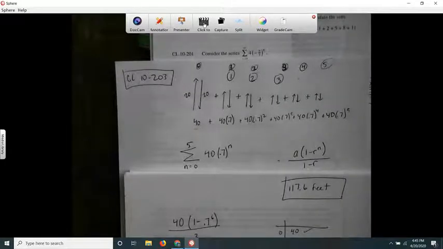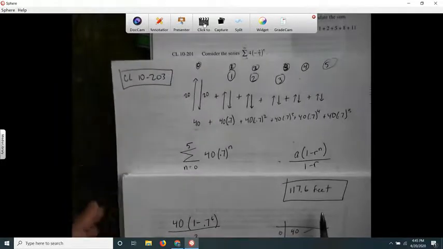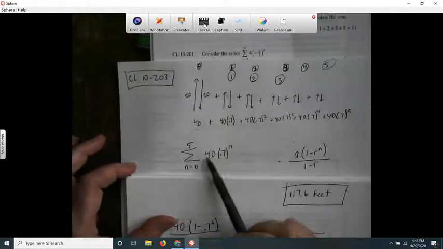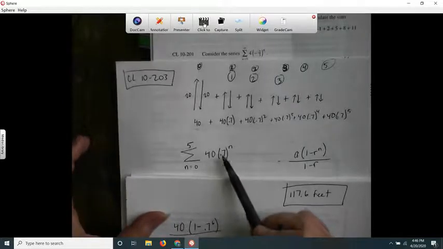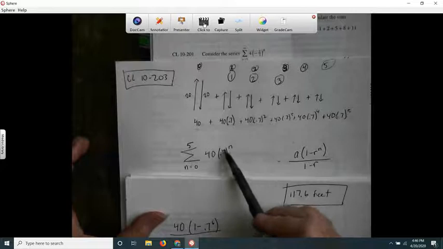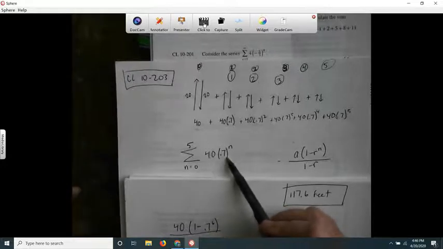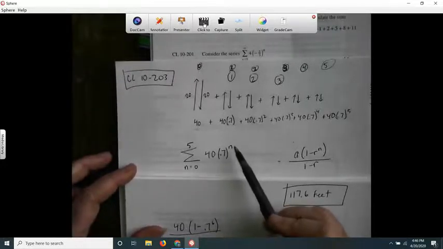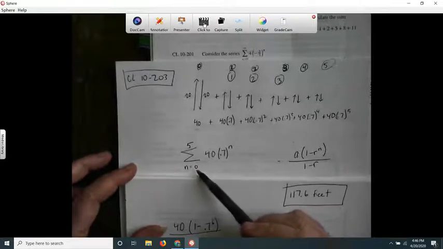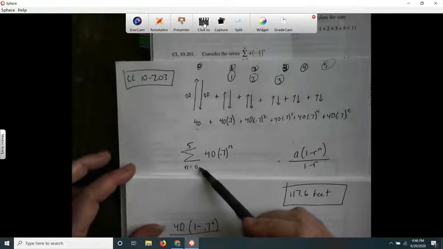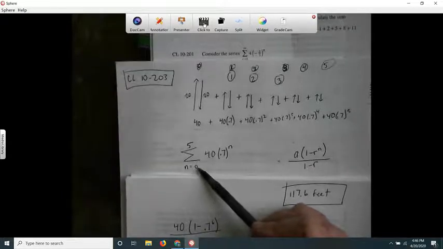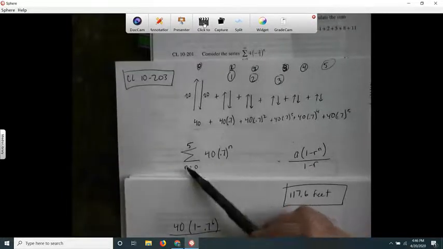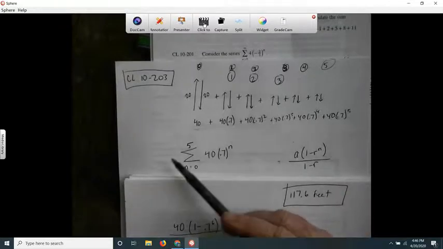So I know the formula is going to be 40 times 0.7, because 0.7 is 7/10, to the n, and I decided to start at 0, because I think I'd looked in the answer key and they started theirs at 0.